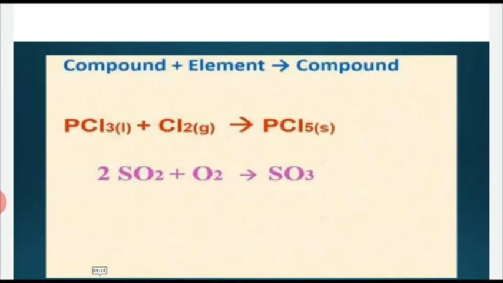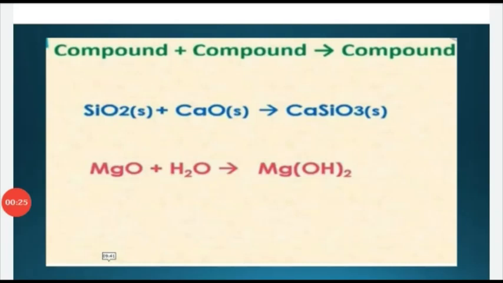You can see one more example, 2SO2 plus O2 which gives 2SO3. So next, the last type of combination reaction is compound plus compound, which gives a compound.